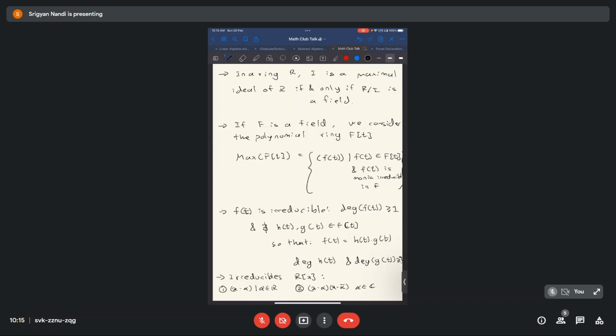So these are the only two kinds of irreducibles in R[x]. Although the proof may look trivial, it is actually a consequence of the fundamental theorem of algebra, which we will not be proving here, although it deserves a separate talk on its own.